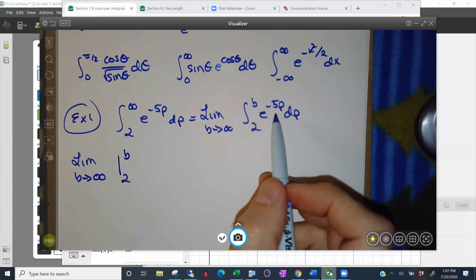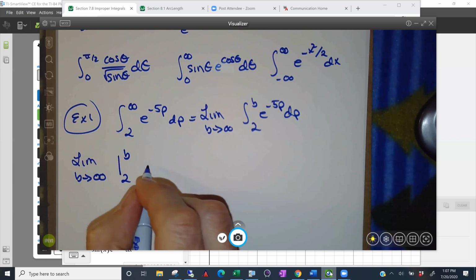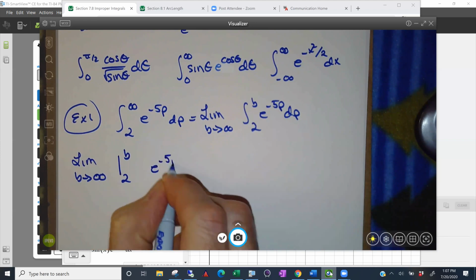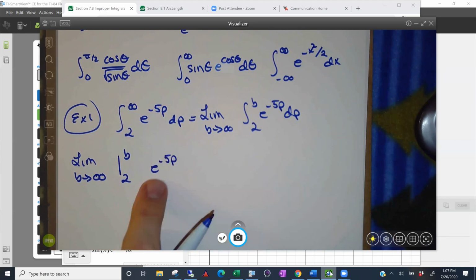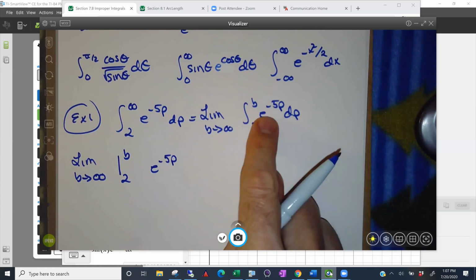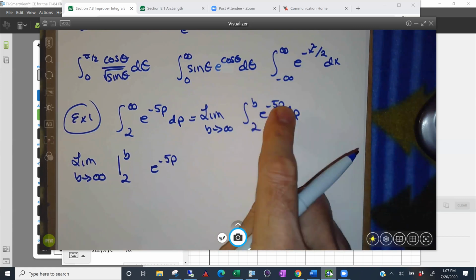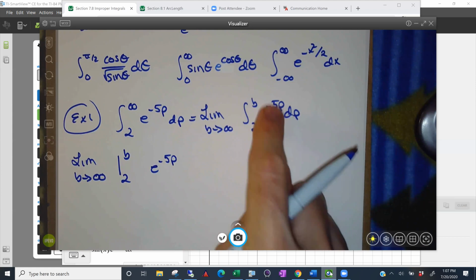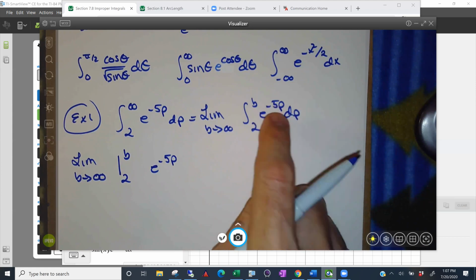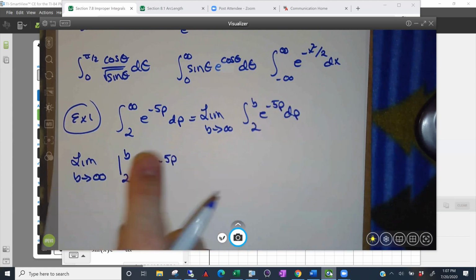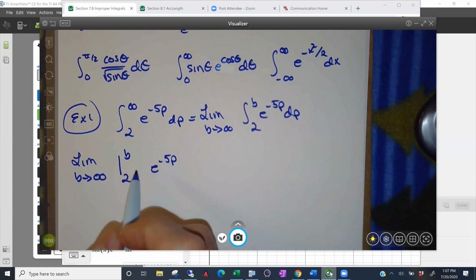Now, what's the antiderivative of this going to be? Well, it's going to be e to the negative 5p, but I'm not just integrating e to the x or e to the u. I've got this extra little thing up here, and that's going to give me a constant in my antiderivative. Does anyone know what constant I should write out front here?